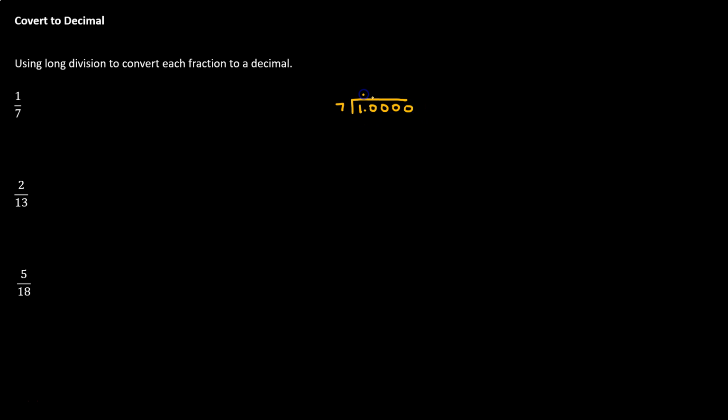So we copy our decimal up, and then we start our division. 7 goes into 1, 0. 7 goes into 10 once, with 3 left over. 7 goes into 30 4 times, with 2 left over.